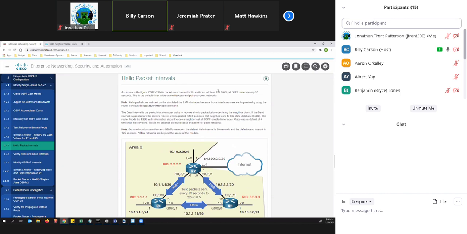I mentioned this earlier: if it's going out to every router, it's at 224.0.0.5. If it's going to the DR and BDR, it's 224.0.0.6. By default, that hello is 10 seconds.